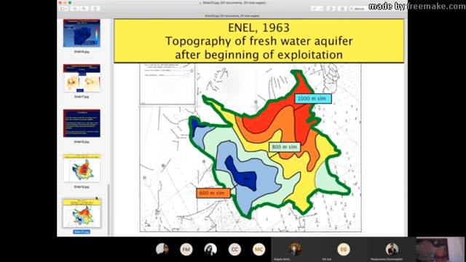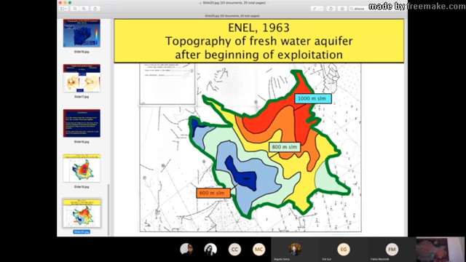So the colors, can you see the slide here? Yes. So where before in this area you had 1,200 meters of water table, the water table dropped by 300, 400 meters to 800 meters above sea level.